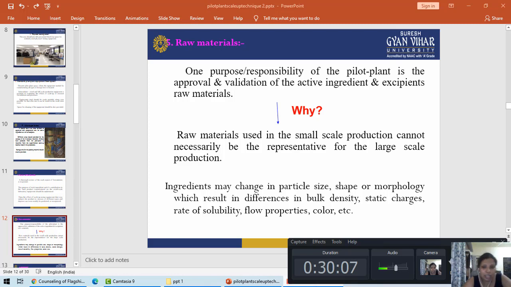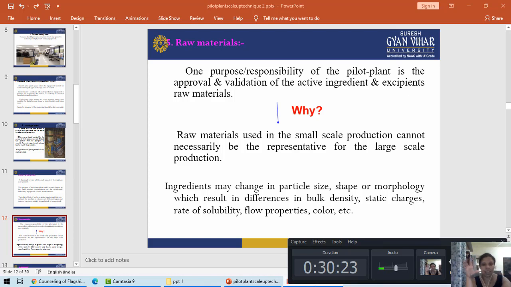Now ingredients may change in particle size, shape and morphology, which results in differences in the bulk density, static charges, rate of solubility and flow properties, colors, etc. So this is again an important thing.